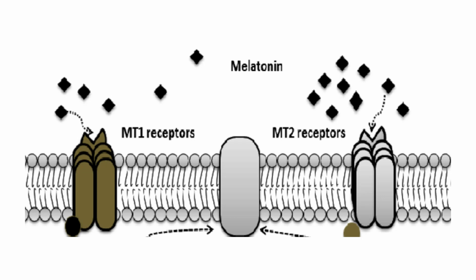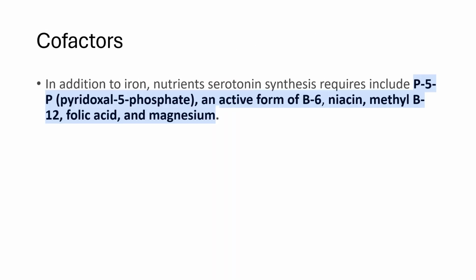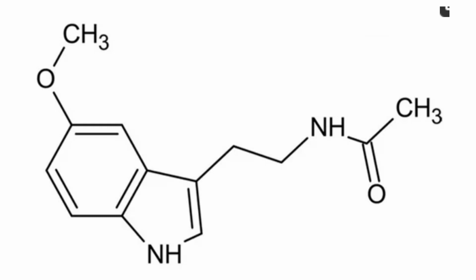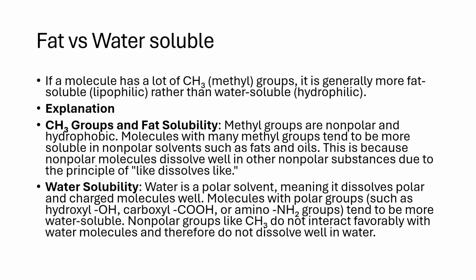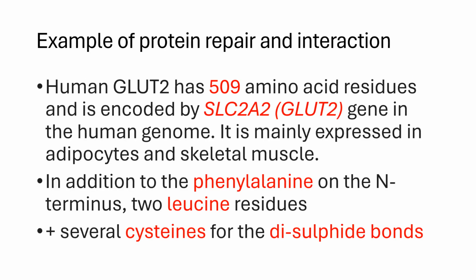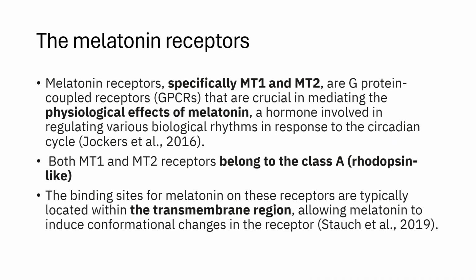So yes, this is the way you normally will find them. But since melatonin can also cross the blood-brain barrier easily, you can also find them inside of the cell. This is an important part. If you remember, I think I did show you melatonin here. As you can see, this is something that basically can go anywhere. Okay, so let me go back to what we were discussing here.